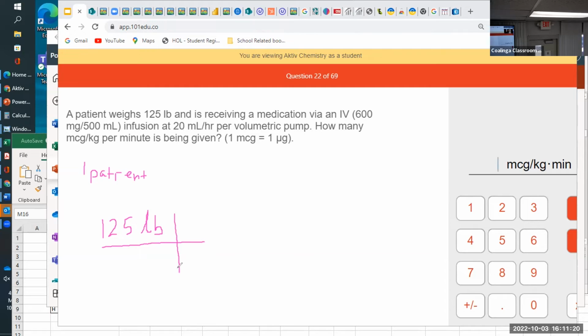It says that 1 kilogram equals 2.2 pounds, right? So the pounds cancel out, and that gives us our kilograms. 56.6?